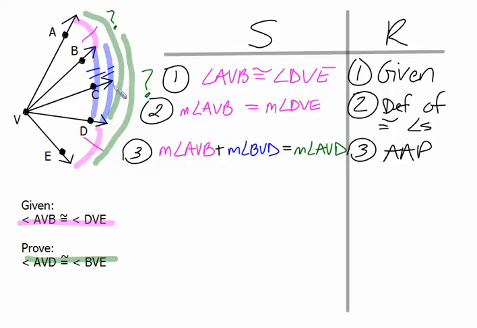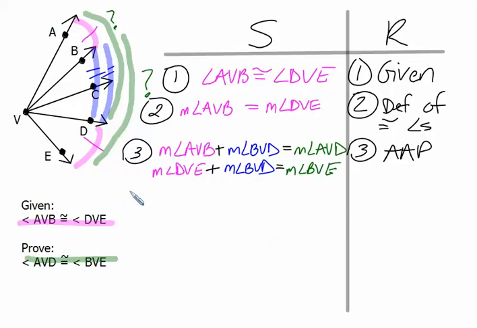And in this other piece, it would be the measure of angle DVE plus the measure of angle BVD, yet again, it's that same piece in blue, is equal to that whole green angle, which is the measure of angle BVE.